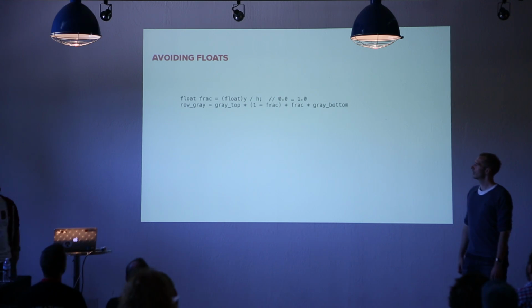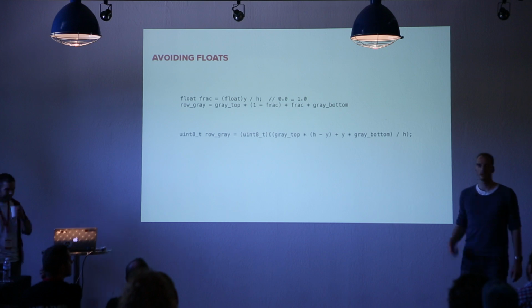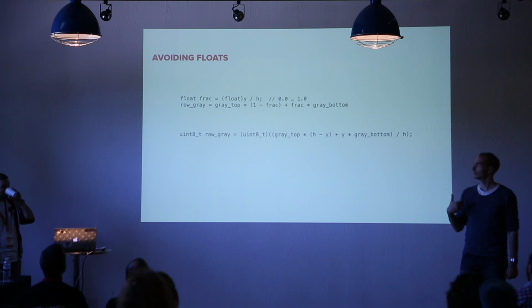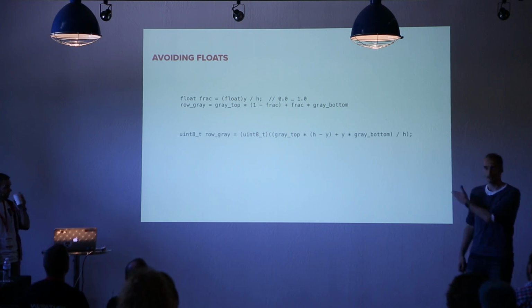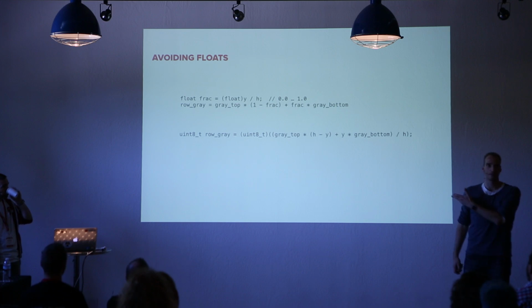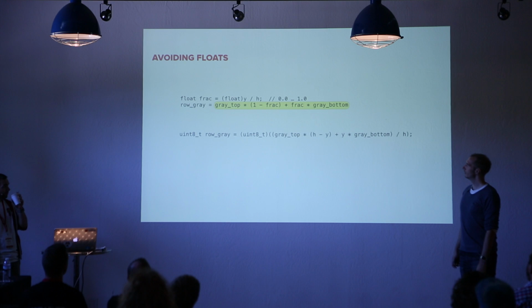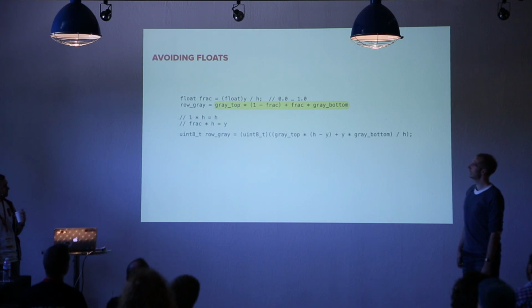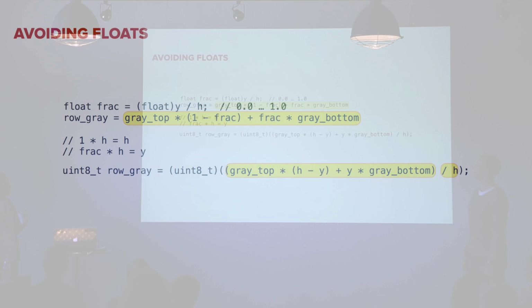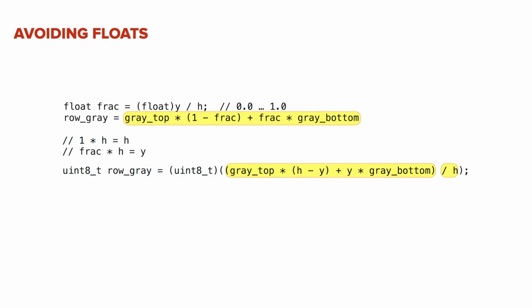Okay, so remember, I want to go to a version without any floats. And I certainly have a float here. Just look at the first line, it's a float, right? In order to fix that, I multiply the whole expression by h. When I do that, 1 turns out to be h, and frac turns out to be y.